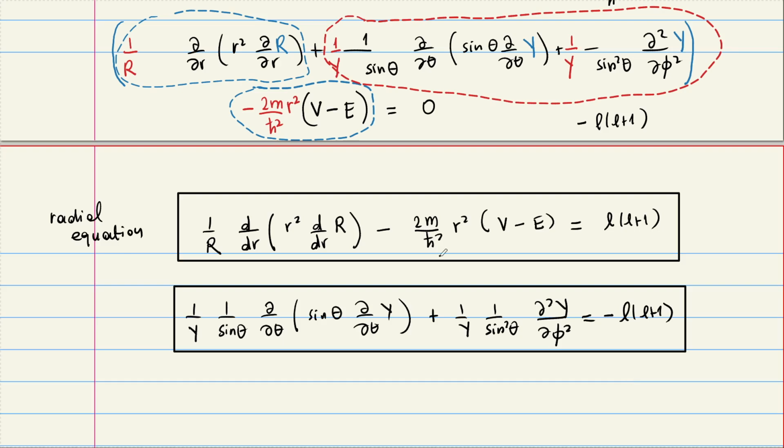This is what we call the angular equation. In the remaining time I want to focus on the angular part, and in the second hour I'll spend time with the radial equation.